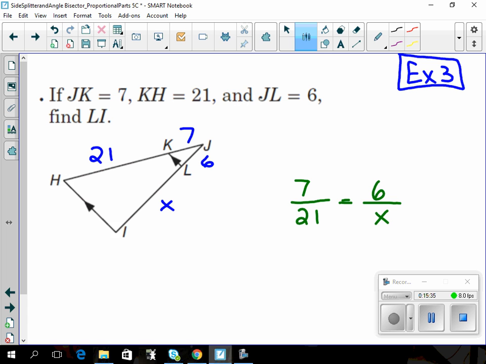What does 7x equal? What is 21 times 6? I got 126, right? And that divided by 7, I think you get a decimal here again. Oh, it's just 18. Nice.